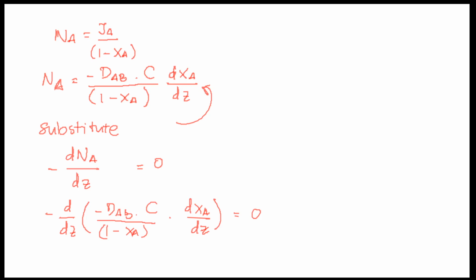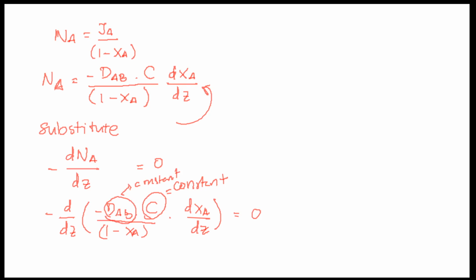As the gas is ideal, or can be assumed as ideal, at constant pressure and temperature the concentration must be constant as well. And the value of diffusivity of AB is basically almost constant. So everything can go out of the bracket.